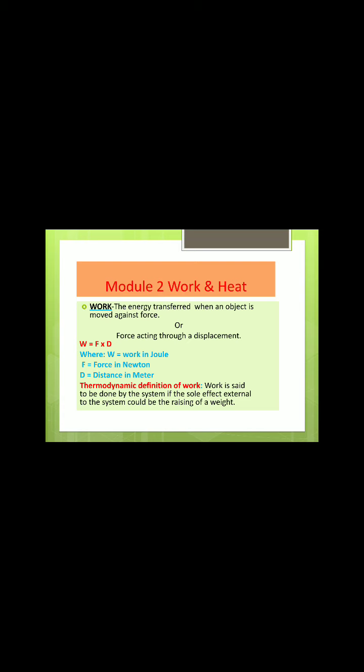Now, in module number 2, we discuss work and heat. First, we discuss one by one what is work, what is displacement work, and what the work is in various processes. Various processes means the PV diagram, pressure and volume diagram. Five to six processes are there, and they are important. After that, heat. These are the concepts.